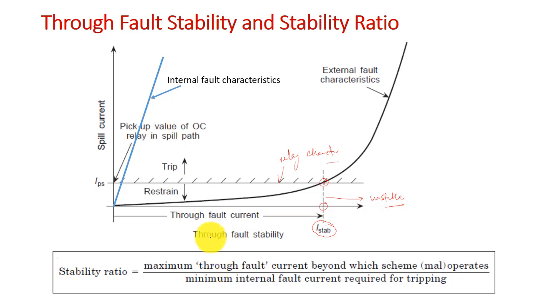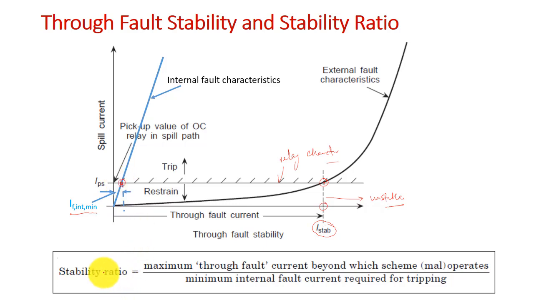Where it is crossing the relay characteristic, this point will give us the minimum internal fault current required for tripping. So this is your IF internal minimum. That means this is the minimum internal fault at which the relay is tripping, right?